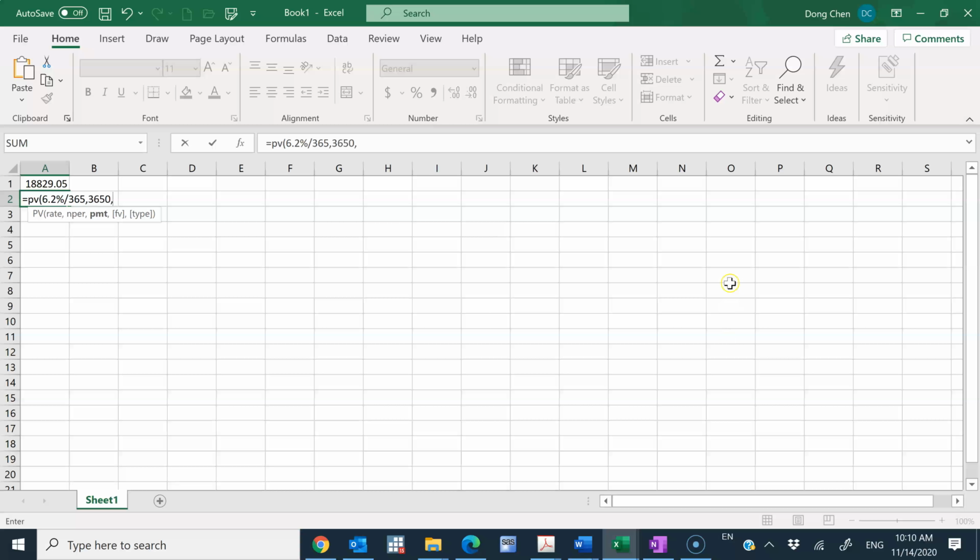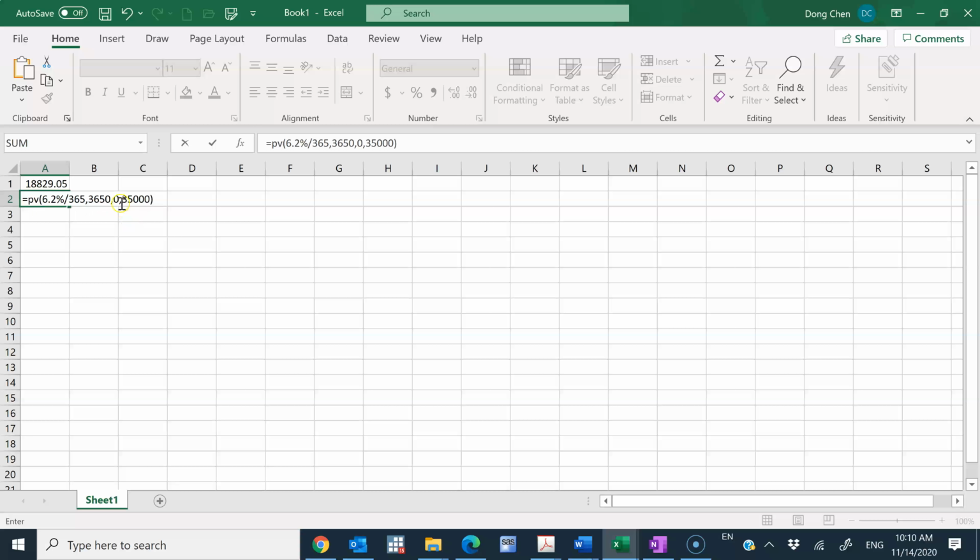And payment is the annuity payment. In this case, we only have one future value payment, so this would be 0. And future value is 35,000. The type we don't have to care about. This just means whether it's the beginning or end of the year convention. Normally, it's the end of the year, as we assume in this case.